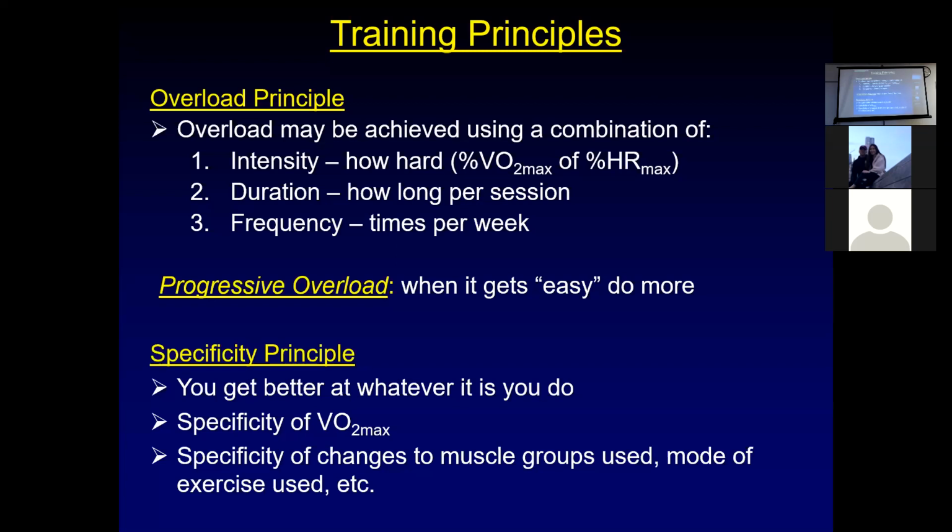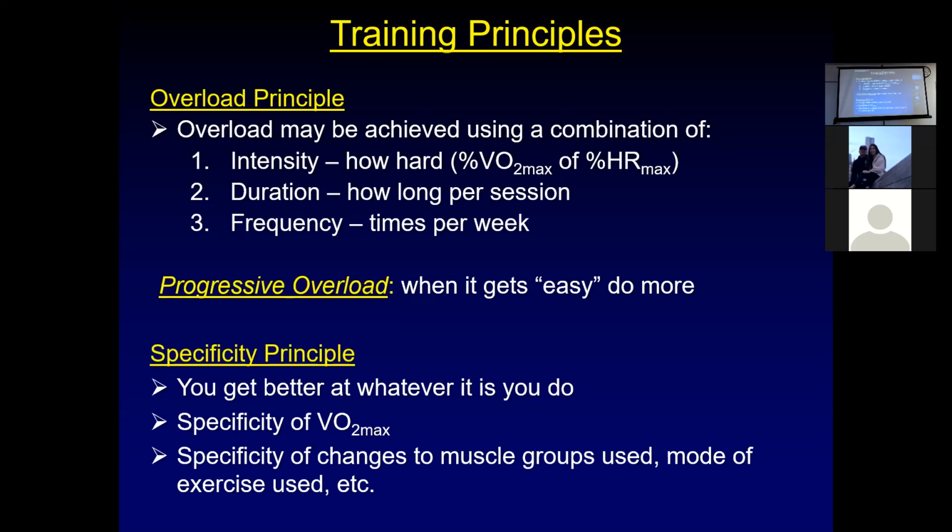So changes in VO2 max are very specific, once you reach a certain level of fitness, to how you're training. What I mean by this is, if you are a runner, you're going to train by running, and your VO2 max during running is going to go up.